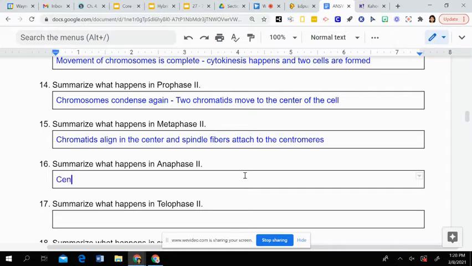Anaphase 2, the centromeres divide, so they're splitting the chromatids. Sister chromatids move to opposite sides of the cell.